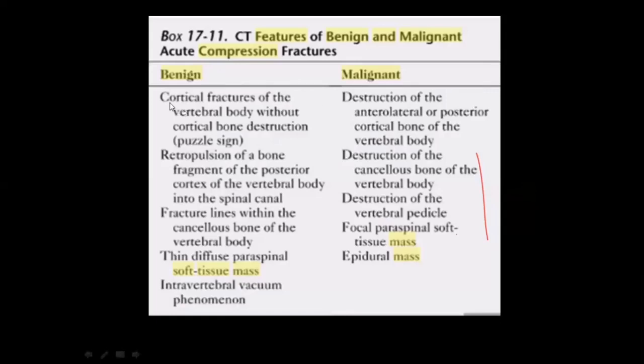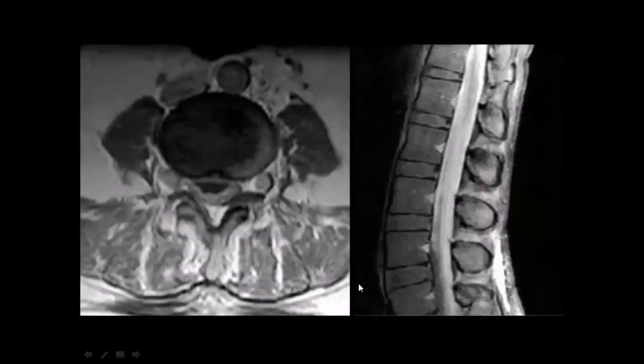Something very characteristic: the subcortical involvement goes with benign, the cortical with malignancy. The mass or enhancement goes with malignancy, and the retropulsion with benign, and the vacuum phenomenon again. Just try to figure it out carefully.